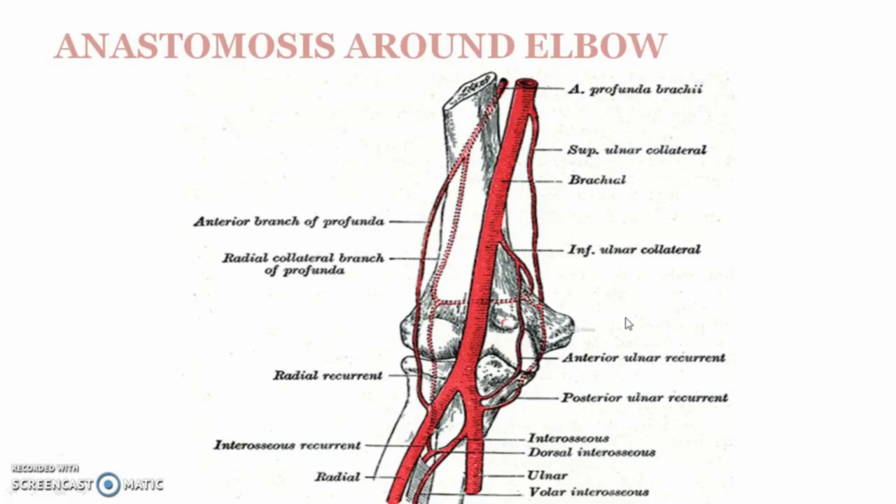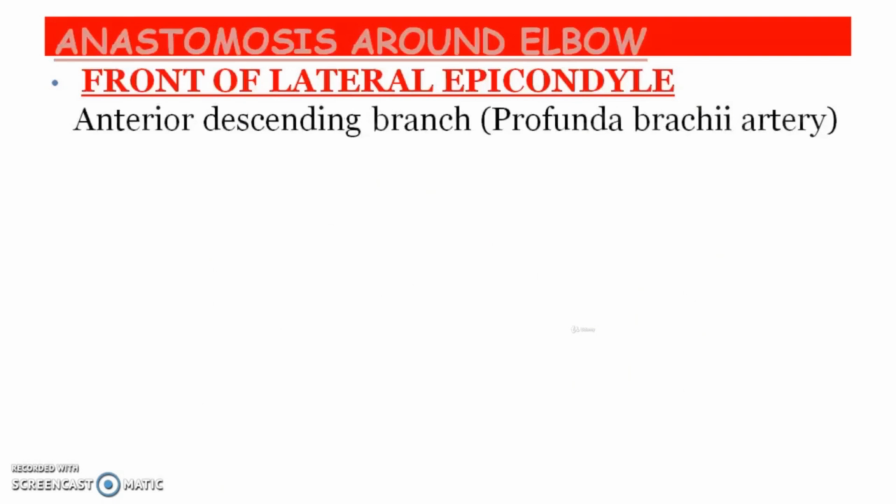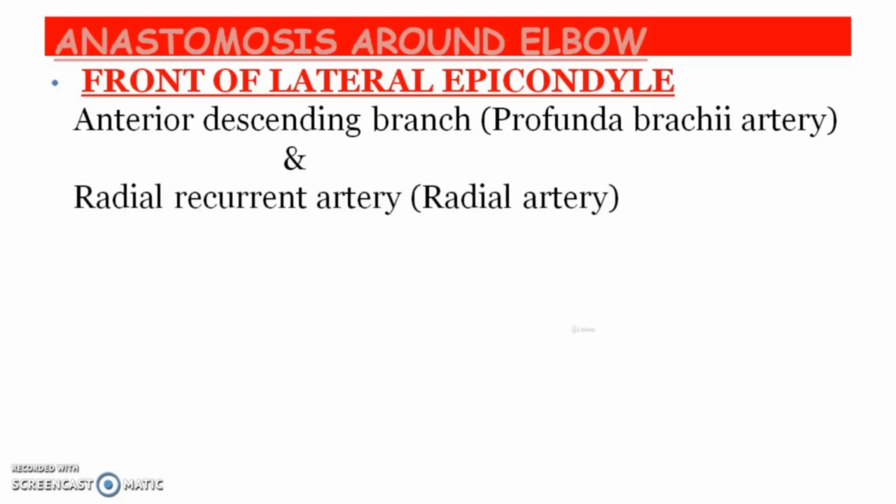Now we will move on to the anastomosis happening at the lateral epicondyle. At the lateral epicondyle in front, we again have branches arising from the profunda brachii artery. You know, the brachial artery gives a thicker branch called the profunda brachii artery. The profunda brachii artery gives one branch called the anterior descending branch, otherwise known as the radial collateral artery. This radial collateral artery anastomoses with a branch from the radial artery, that is the radial recurrent artery.